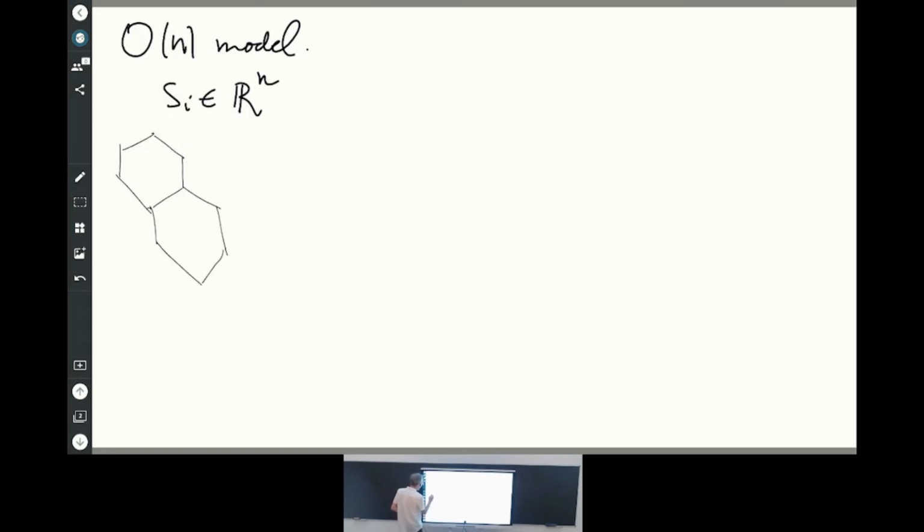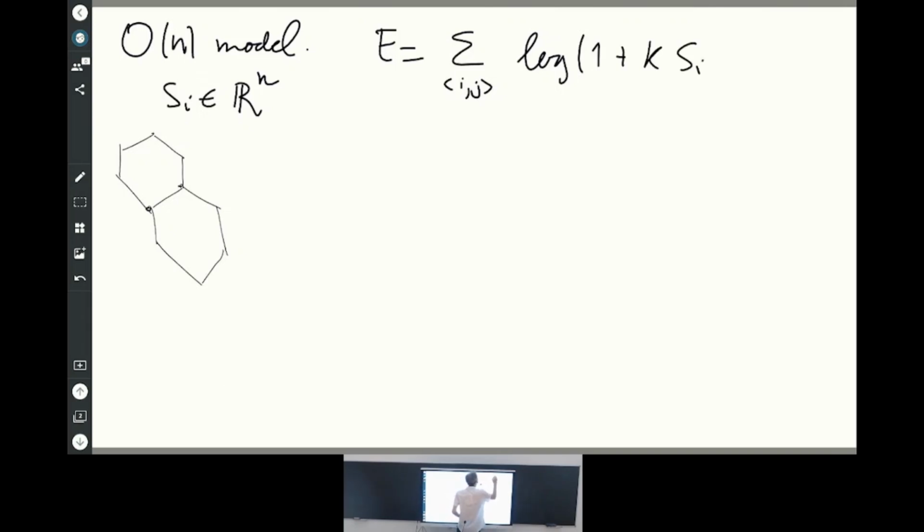So at each vertex of the lattice, you have one of these vectors. And then let's write the energy of a configuration as the sum over neighboring points of some function, log of 1 plus k S_i scalar S_j.